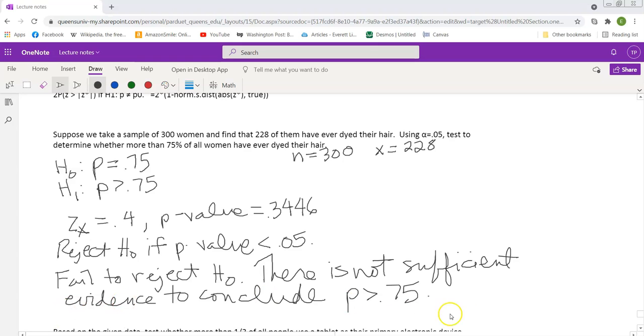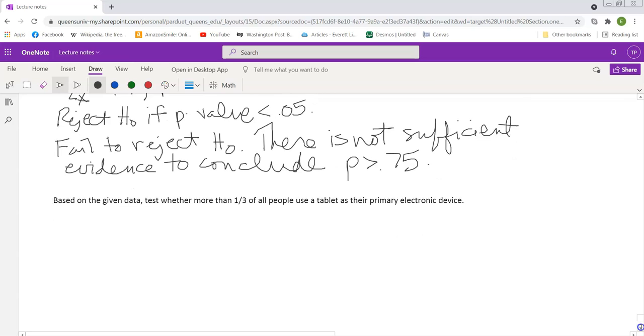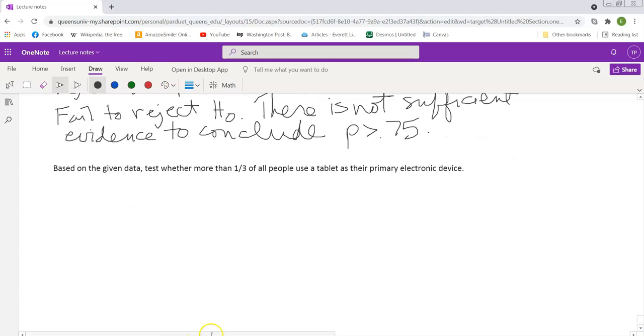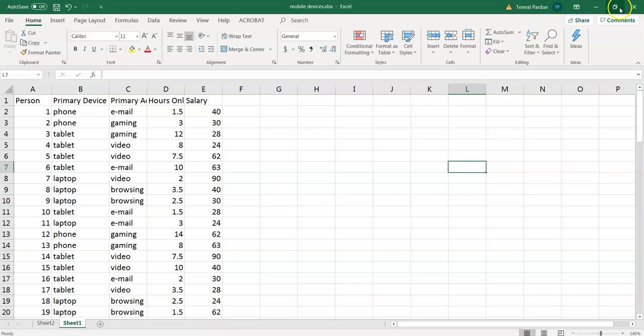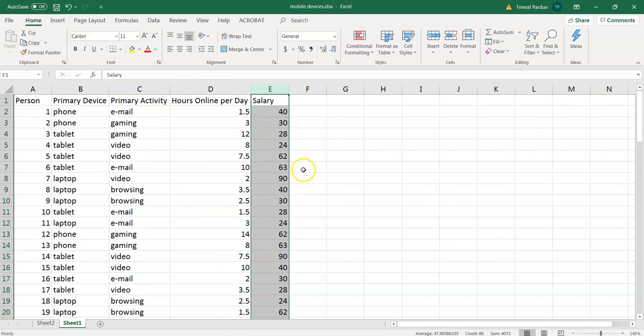Okay, moving on to our next example. Here's a data set on people's uses of mobile devices. So we've got the primary device, the device that they use the most often, whether that's a phone, a tablet, or a laptop, and then some other information as well.